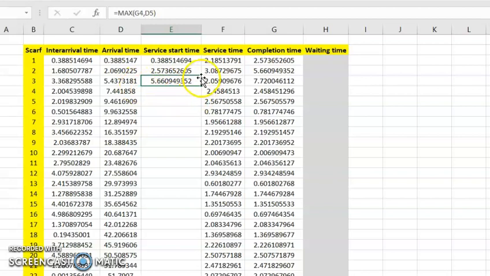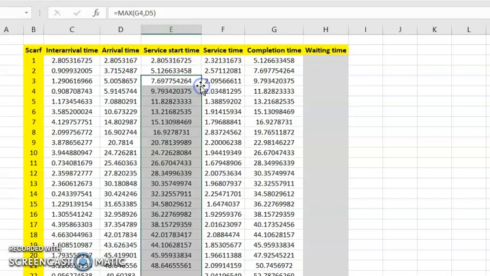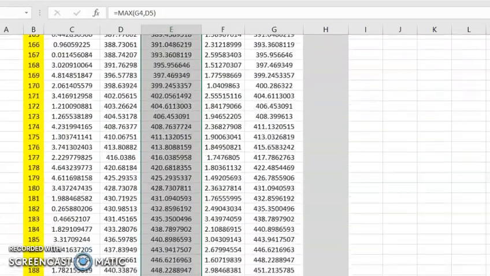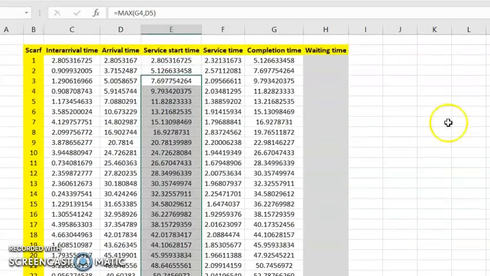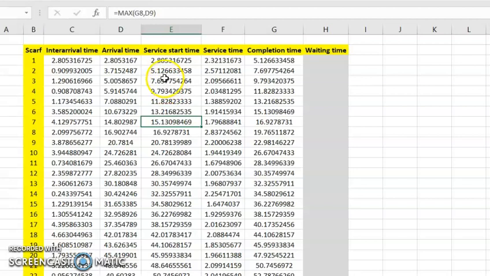So this formula could be extended to the rest, as you can see. What about the service start time? As you can see, of course, it is increasing, my friend, because it is a simulation. And now you are ready to calculate the waiting time. The waiting time is calculated according to, again, a common sense type of formula.